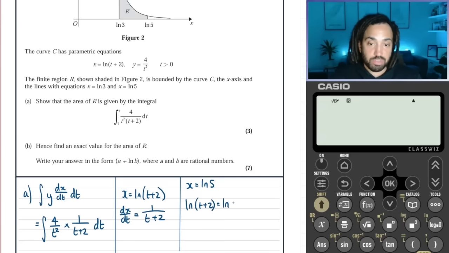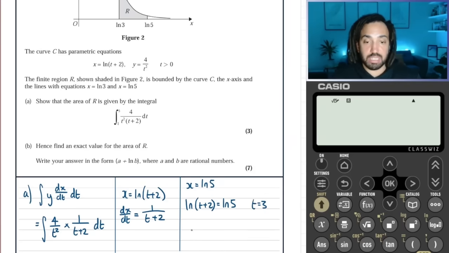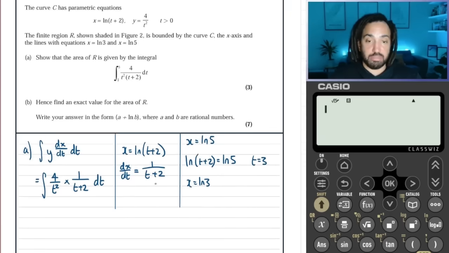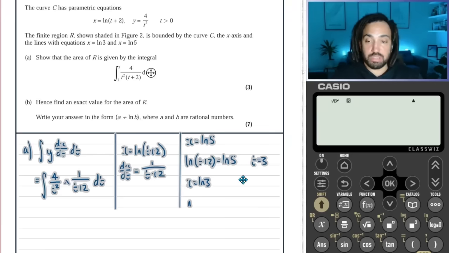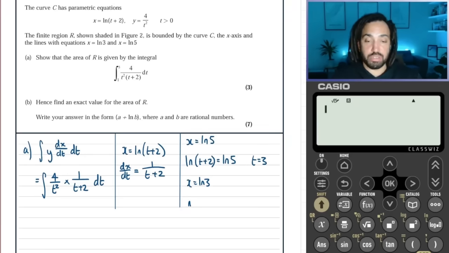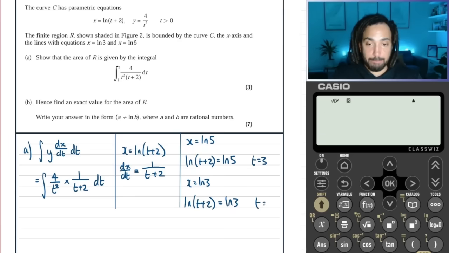So if that equals ln 5, then clearly you can see that t must equal 3. So we can say t equals 3 there. And then when x equals ln 3, if x is ln of t plus 2, and if that equals ln 3, then t clearly equals 1.